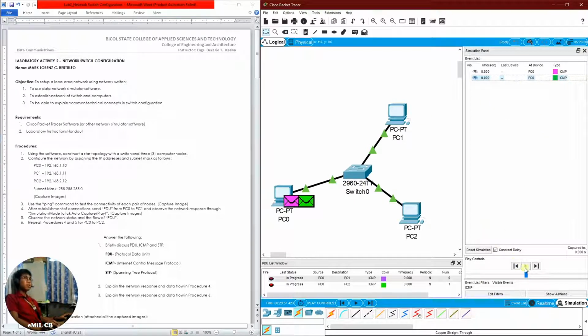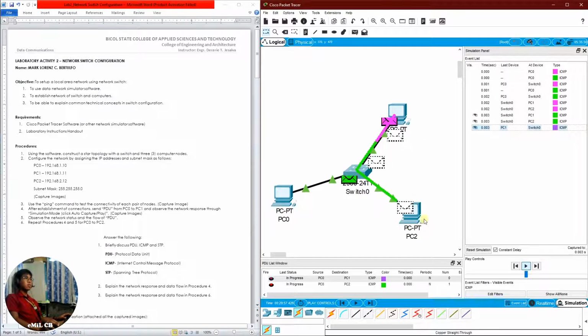Okay, let's play the simulation. It first sent from PC0 to PC1. It also sent to PC2, but PC2 does not receive it since the recipient is PC1. Also, the PDU from PC0 was not received by PC1 since the recipient is PC2.